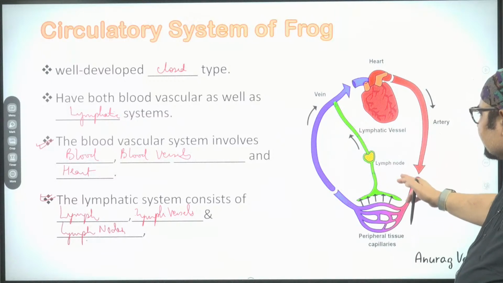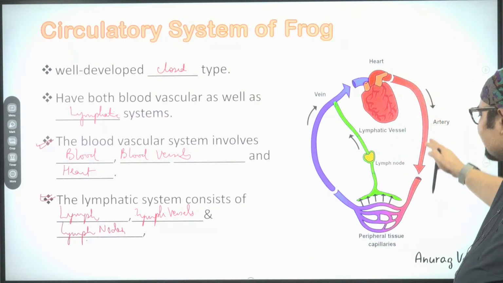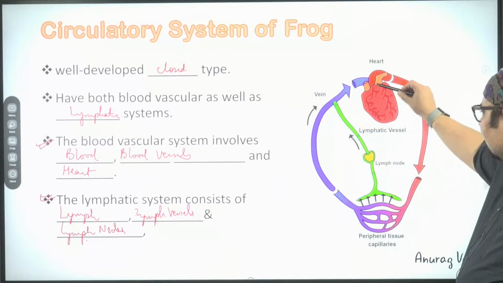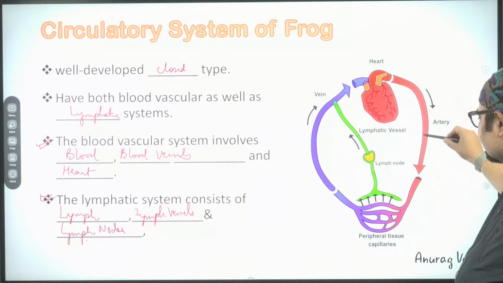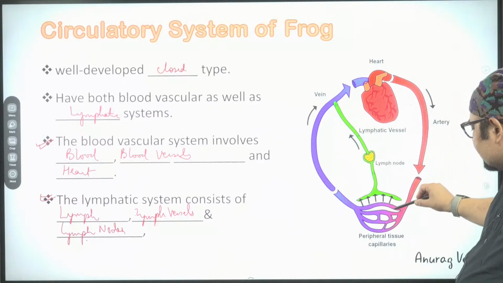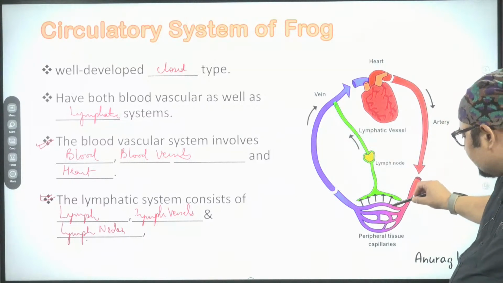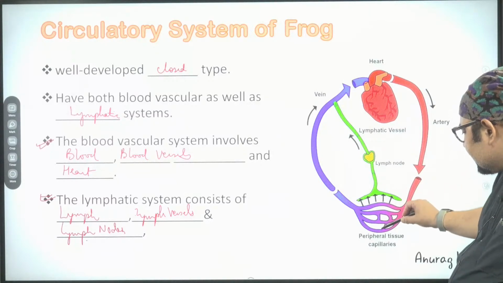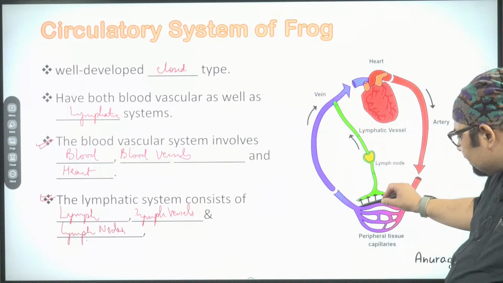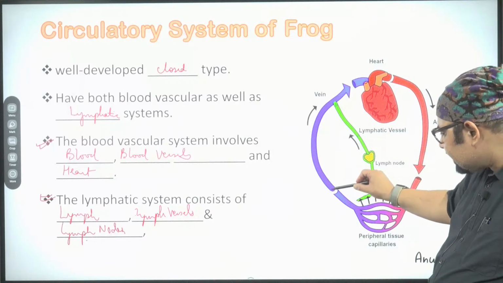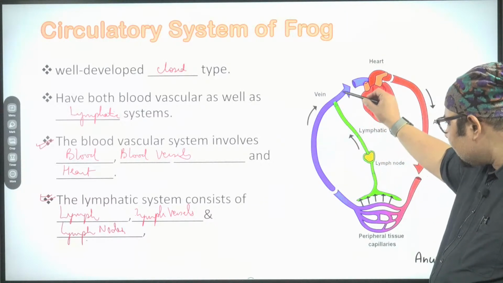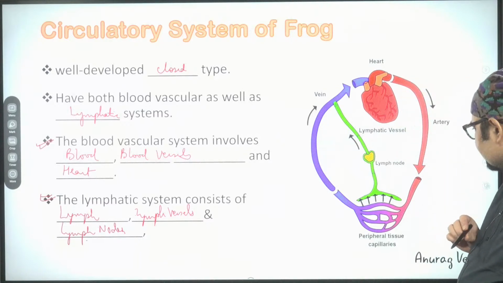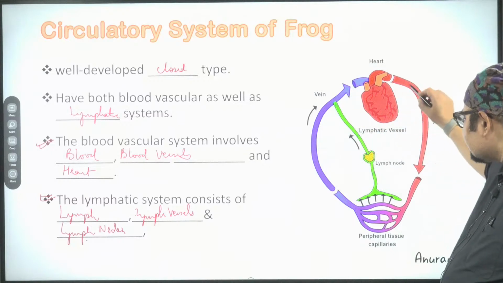This is only applicable to animals having a closed type of circulatory system. So ignore the green line. You can see that the heart is pumping blood into the arterial system, which ultimately divides into so many arterioles, and then branches into so many capillaries. Capillaries combine to form the venule and then the venous system, which brings blood back to the heart. So this is the closed circulatory system.